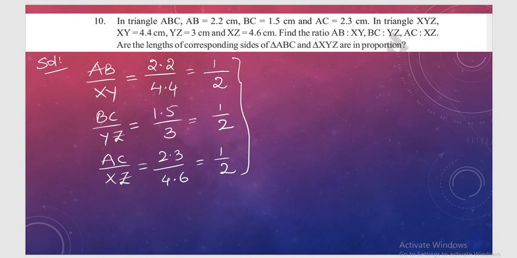And also the first triangle's sides are taken in the numerator and the second triangle's corresponding sides are taken in the denominator, and all their ratios we got as same.